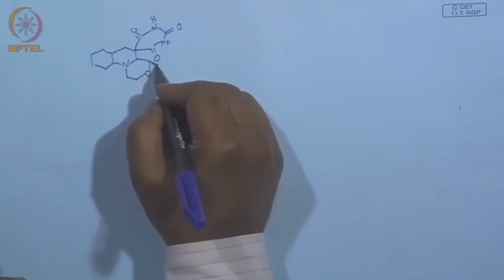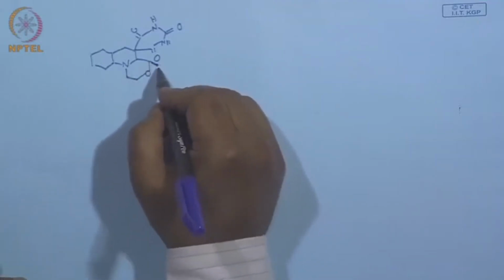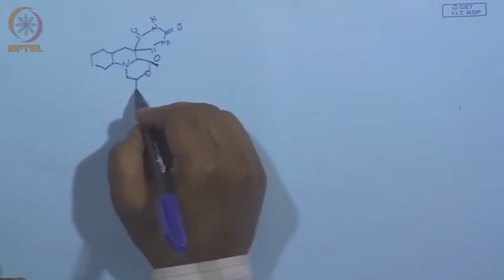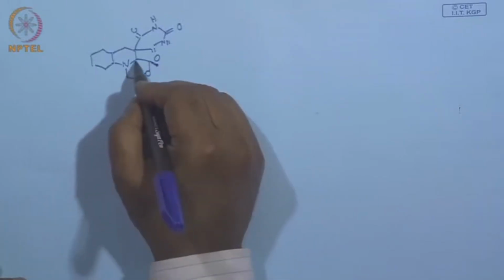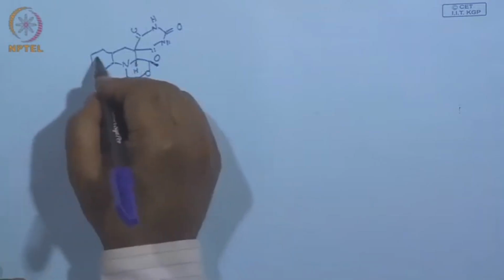I think my drawing is okay. This is a methyl group here, and this is a methyl group here, cis methyl group, and this hydrogen also cis here.